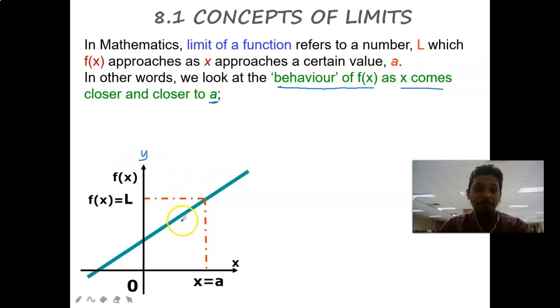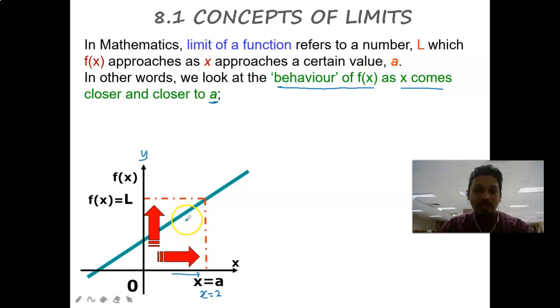So now x approaches a. Imagine x equals 2, and the value of x approaches 2 from the left, from negative 2, negative 1, 0, 1, 1.3, 1.5, 1.6, 1.7, 1.8, 1.9, 1.99, 1.9999, any value of x that pushes toward a from the left.